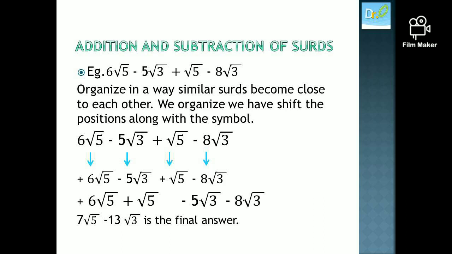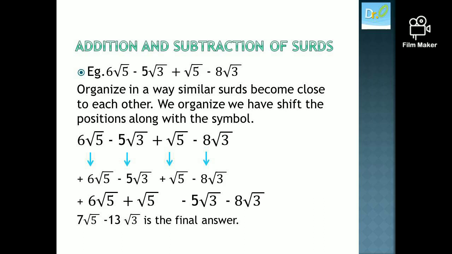Children, this is another example for you to verify the theory we have learned. Here we need to simplify 6 root 5 minus 5 root 3 plus root 5 minus 8 root 3. So try to understand the similar terms. What are the similar terms over here? 6 root 5 and root 5 are similar terms. Then minus 5 root 3 and minus 8 root 3 are similar terms.